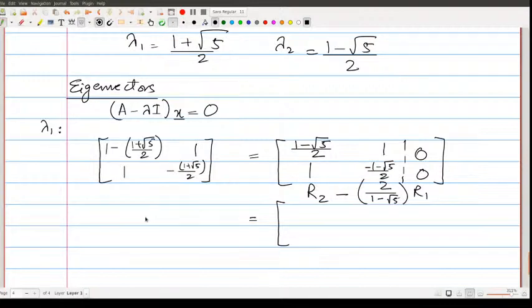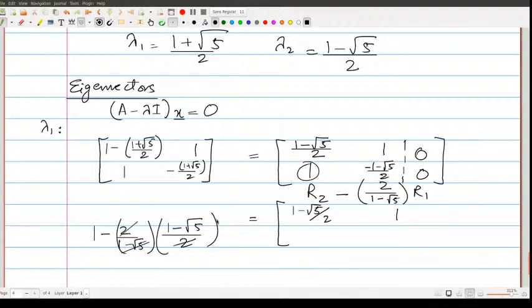The first row is unchanged: (1 minus square root 5) over 2, 1. The first entry of the second row is going to be 1 minus 2 over (1 minus square root 5), since I've just taken the reciprocal, times (1 minus square root 5) upon 2 in the numerator. So these cancel out, and 1 minus 1 is 0.